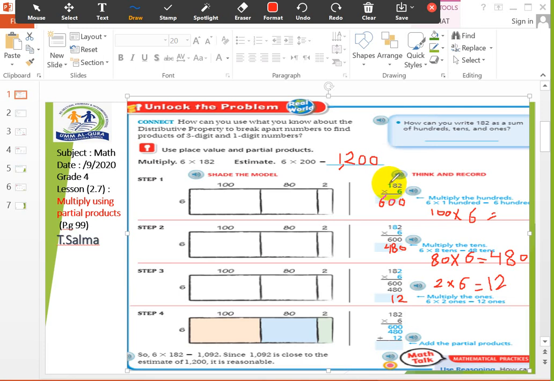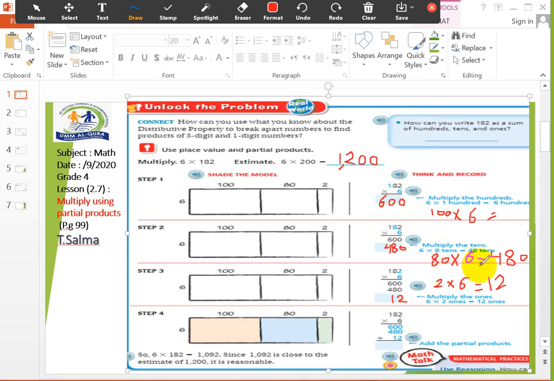I have to find the value of this number, which equals 100. 6 multiply 100 equals 6 multiply 1 equals 6, and put 2 zeros next to the answer, so it will be 600. Then to multiply 6 with the number in the tens digit, the value of the number equals the number multiply 10. That means 8 multiply 10 equals 80.